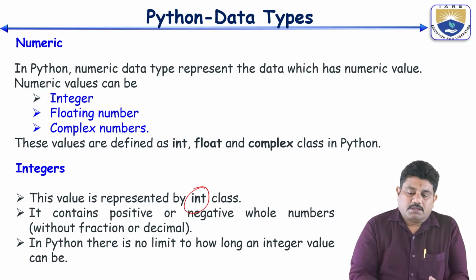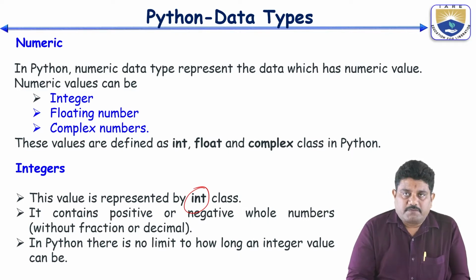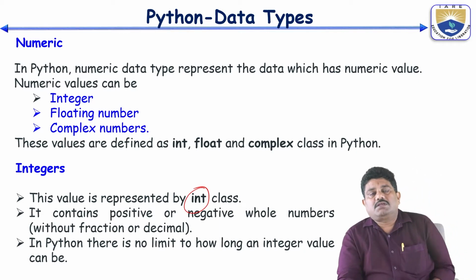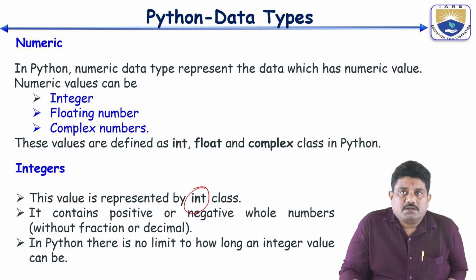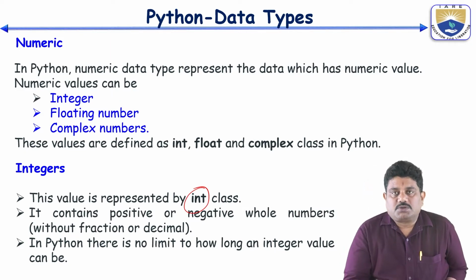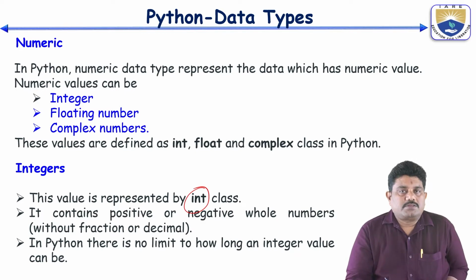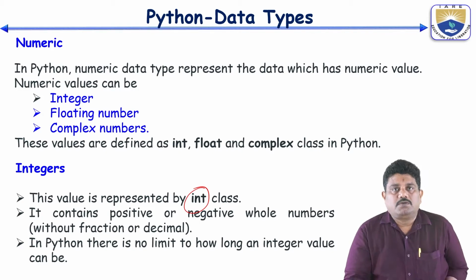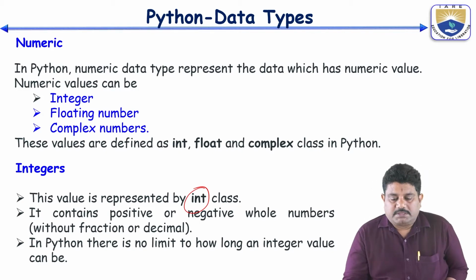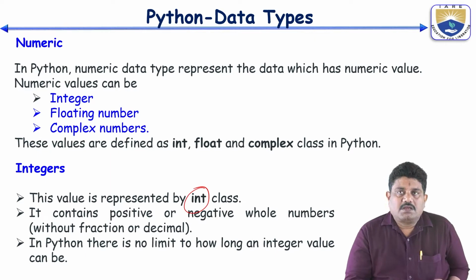But these integer type variables cannot store fraction values. That is about the integer. And there is no limit to how long an integer value can be. If you see in C and Java, there are different types of integers, short int, long int, like that.